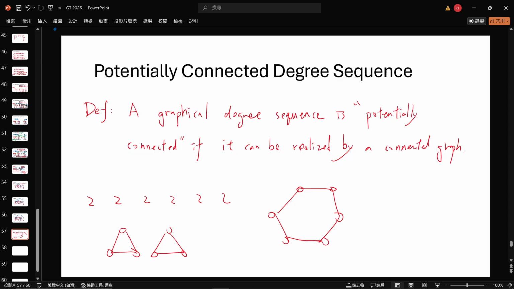Some of them disconnected, some of them connected. But still, this is a potentially connected degree sequence because potentially we can find a connected graph to realize it. So that's why we have this word potentially, because not all the graphs that can realize it are connected.